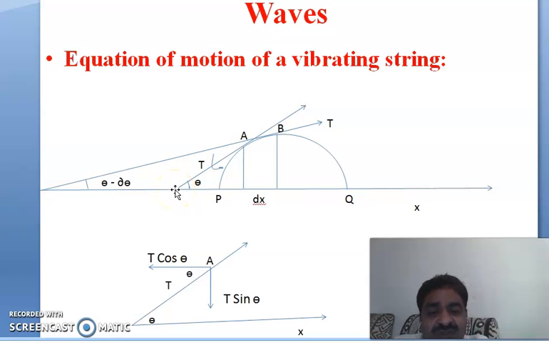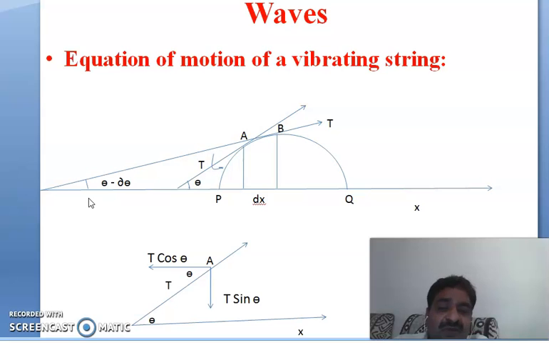Suppose the tangent at A drawn in this figure makes an angle theta with the x-axis. Got it? Carefully observe this figure. Here theta is nothing but the angle formed by the tangent at A with the x-axis.